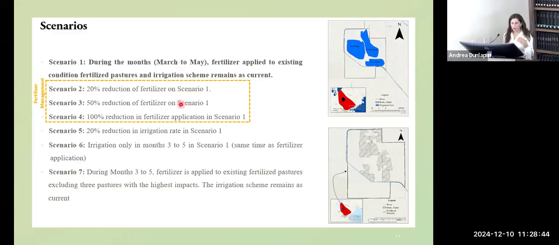Scenarios 2, 3, and 4, categorized as fertilizer management, were all defined by a percentage reduction in fertilizer application: 20%, then 50%, and 100%, which means no fertilization.